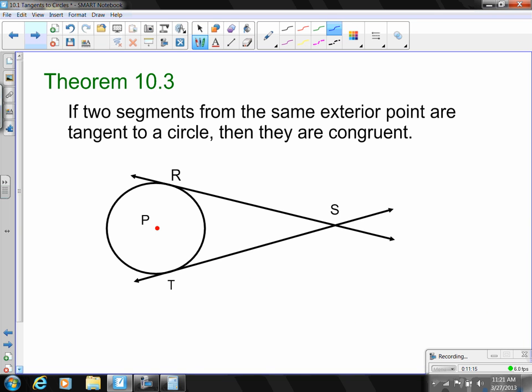The next theorem: if two segments from the same exterior point are tangent to the circle, intersect the circle in one spot, then this segment is congruent to that segment.